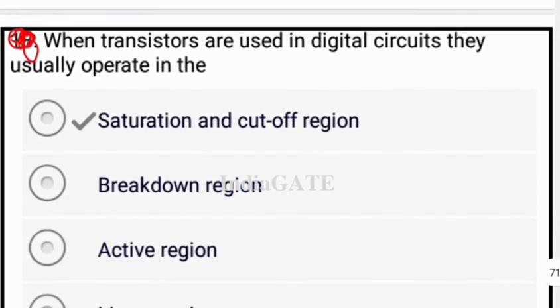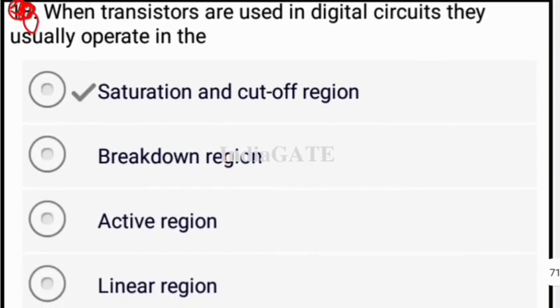Now come to the next question. When transistors are used in digital circuits, they usually operate in the, so there are 4 options, option A, B, C and D, but here option A is correct. Means transistors are used in the saturation and cutoff regions in digital circuits.